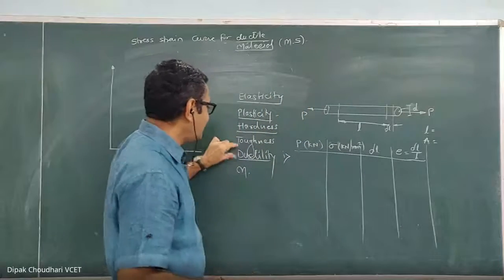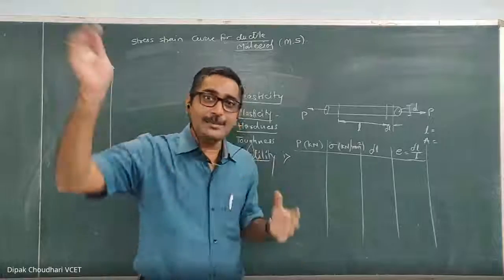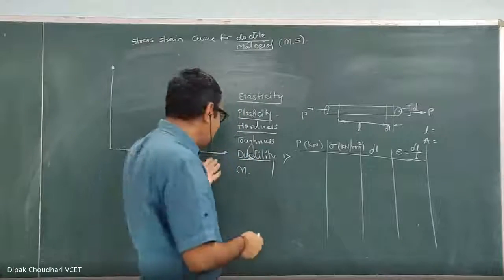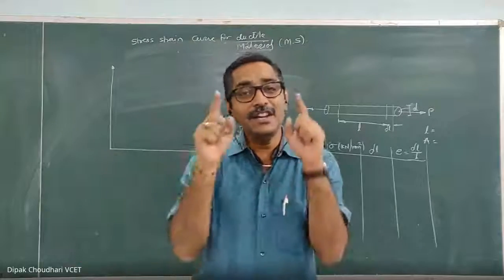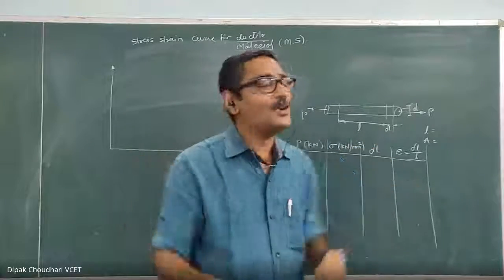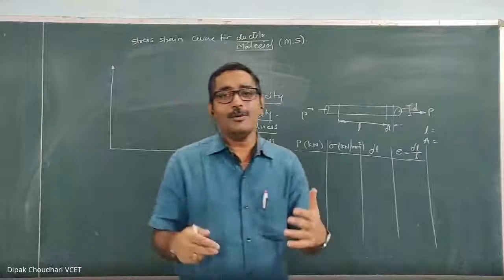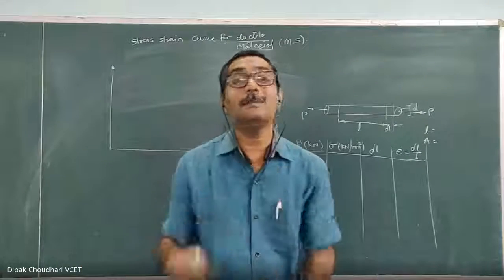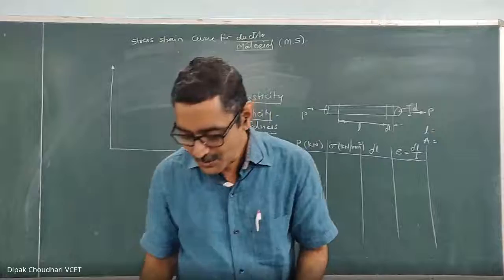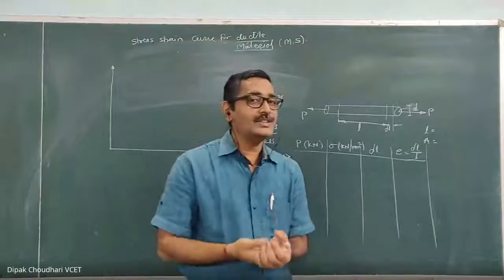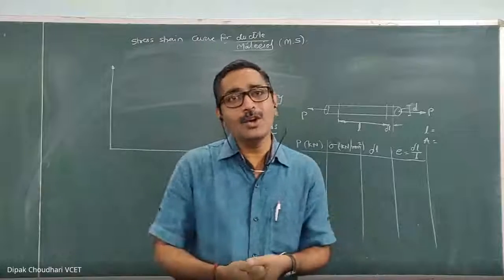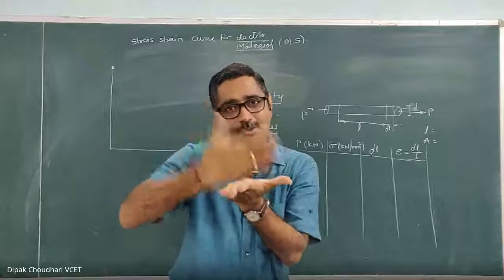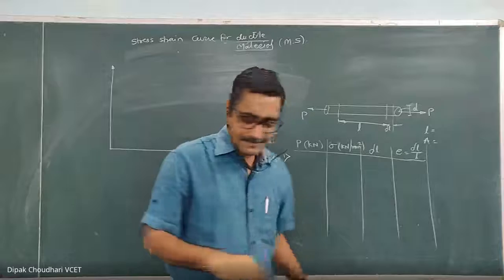In ductility also there is considerable deformation, and in malleable material also there is considerable deformation, but in ductility the deformation is under tensile load, whereas in malleability the deformation is under the action of compressive force. Gold is a very malleable material. We can produce a thin sheet from gold by applying compressive force on it. So this is malleability.